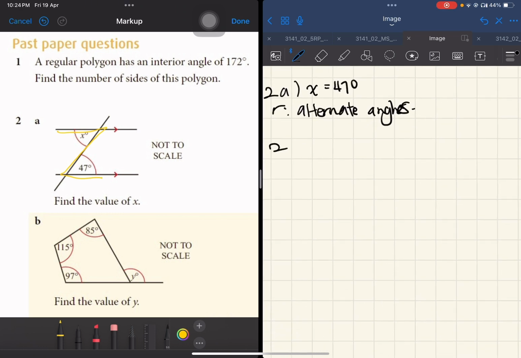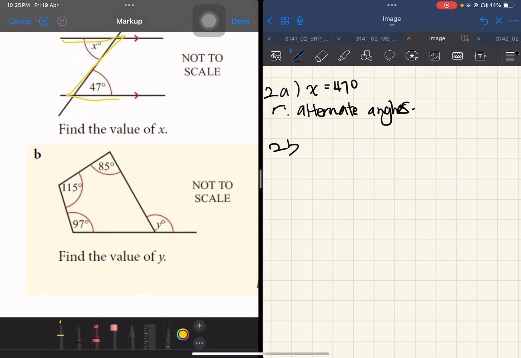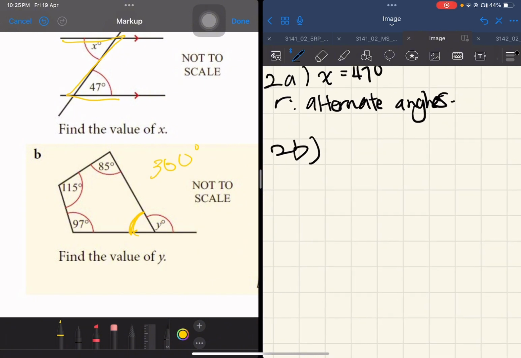Now, question 2b, find the value of y. Okay, so this is a quadrilateral. If you recall, the angle sum of a quadrilateral is 360 degrees. We're just missing this one angle over here. So we're going to solve for the angle in the quadrilateral first.